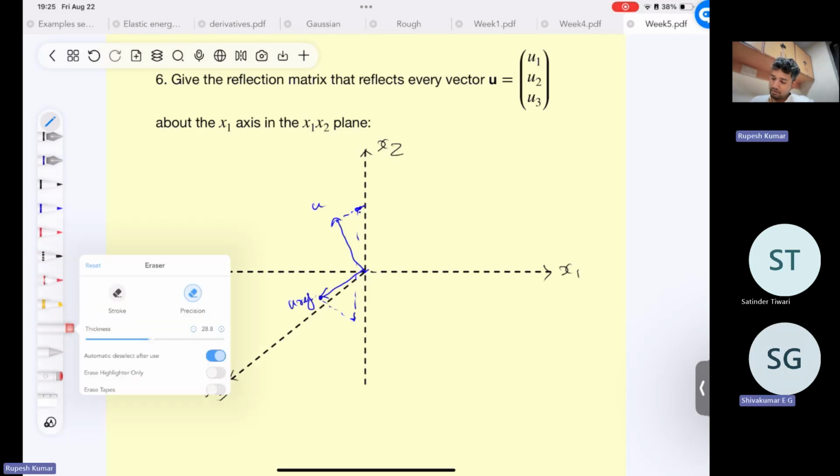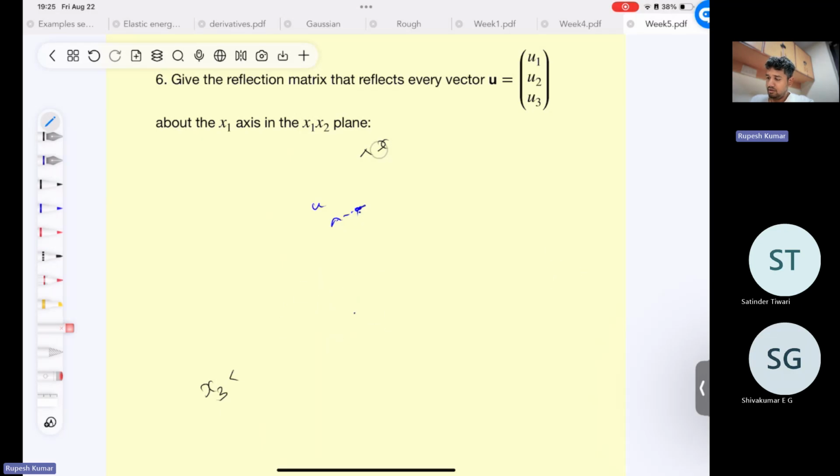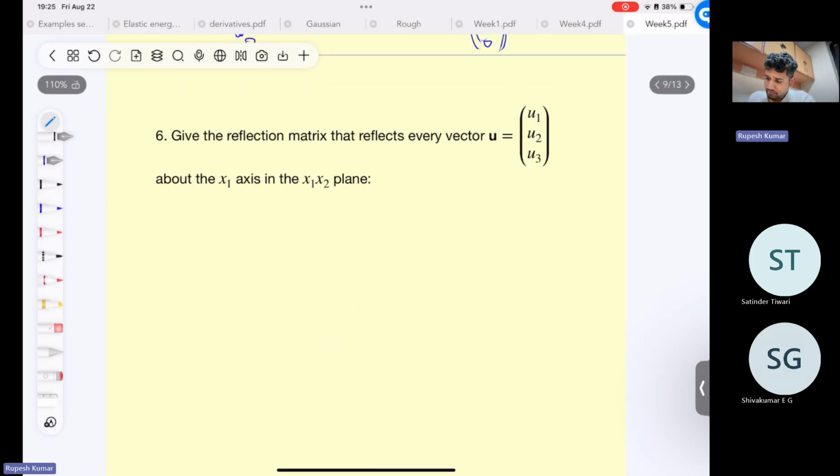Again, let me restate this problem. It's getting quite confusing for the 3D case, so let me change this problem a bit. Let me change the axis setup entirely and take the reflection of u about a plane.